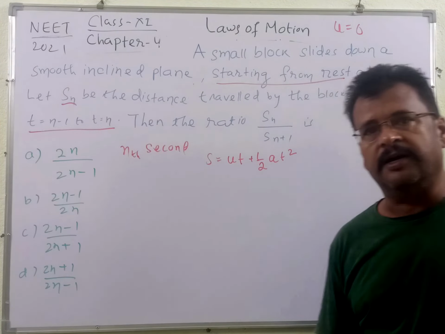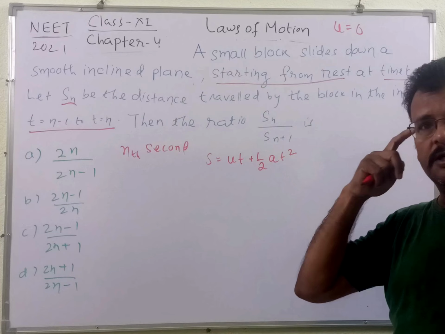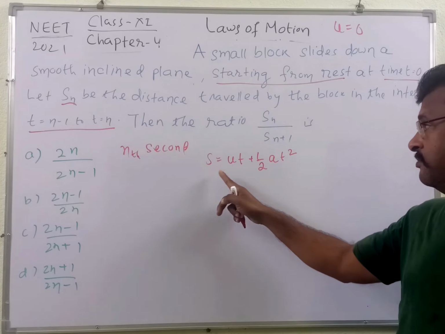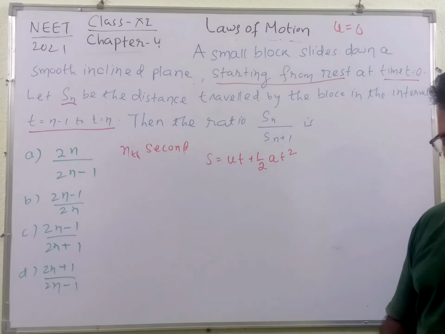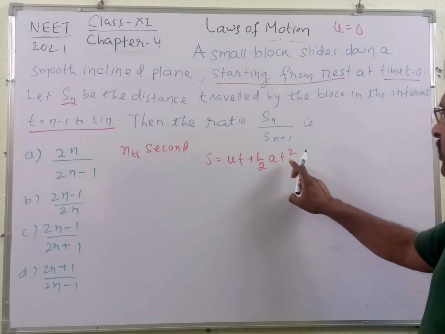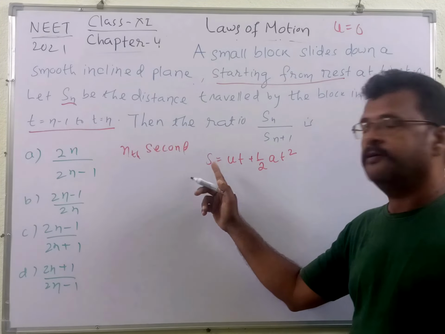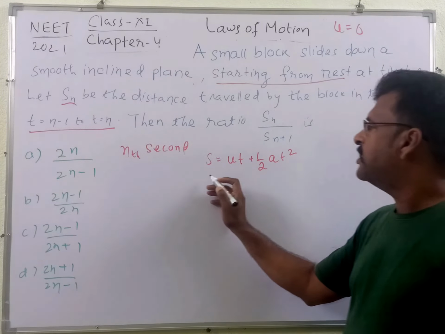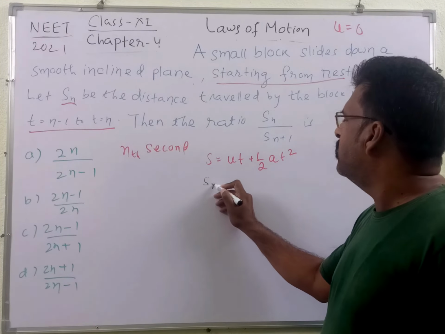But let us first find out the formula for the distance traversed by a body in the nth second. That is Sn. So if S is equal to ut plus half a t square is the distance traversed by a body in t seconds, then student, what will be Sn?